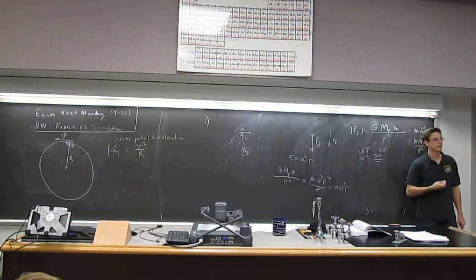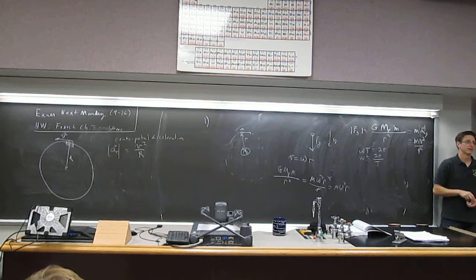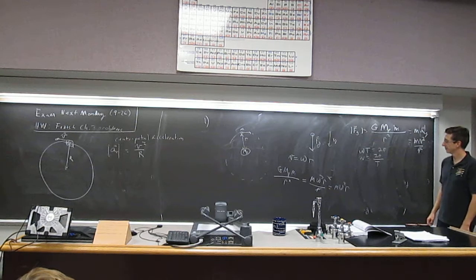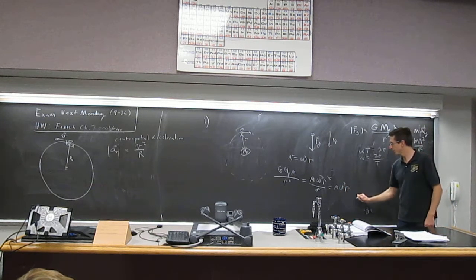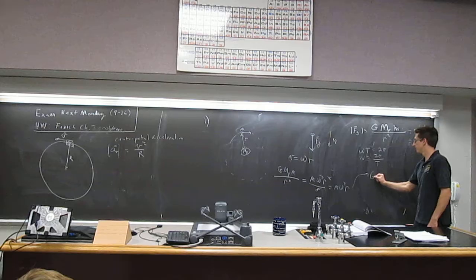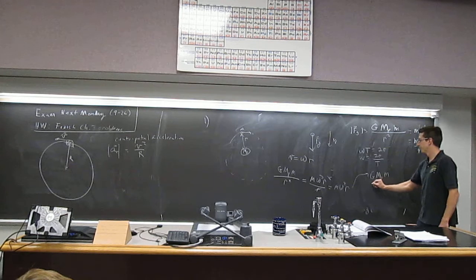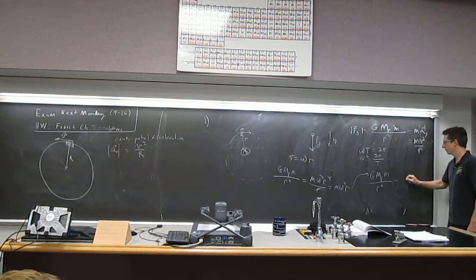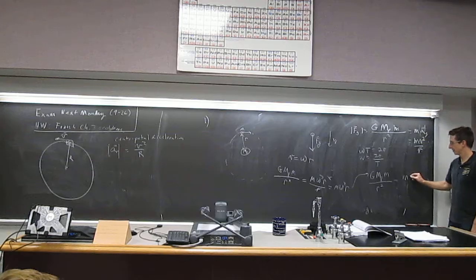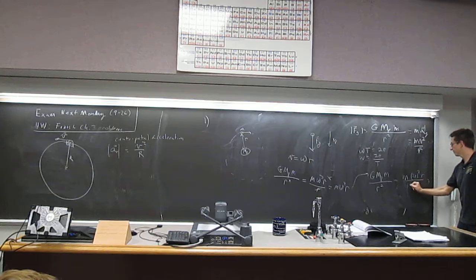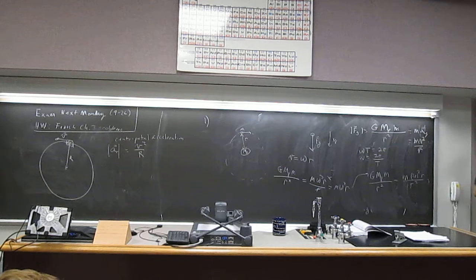Big T means period of motion in this case. So if I take this, put it into here, I get an equation: G, mass of the planet, mass of the object over r squared is equal to mass of the satellite or object, (2 pi) squared r over T squared. Now all I have to do is solve for that T.